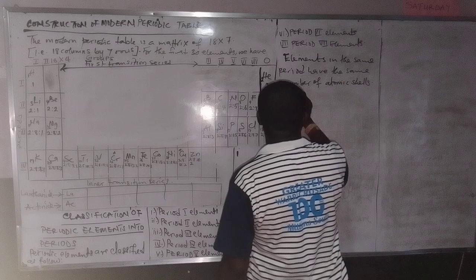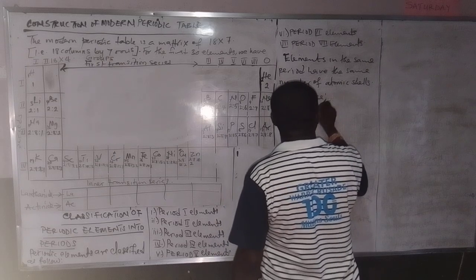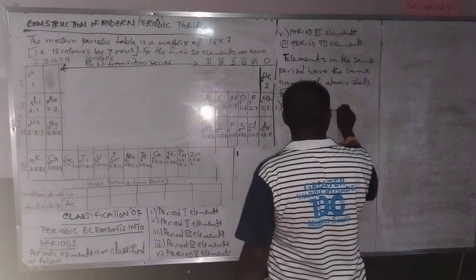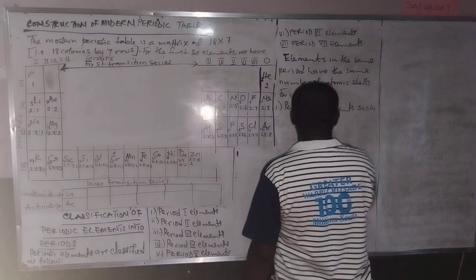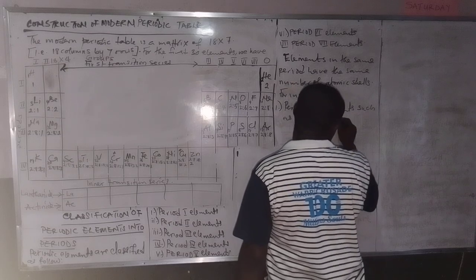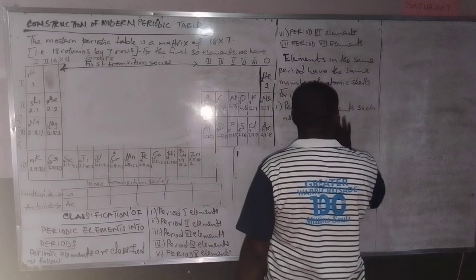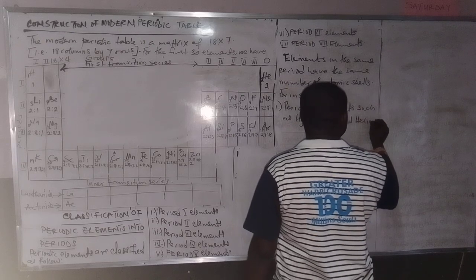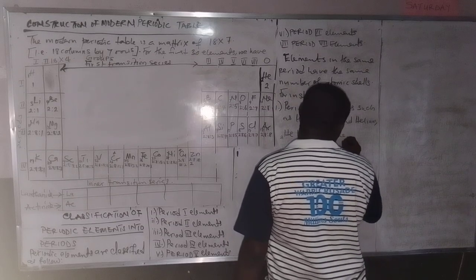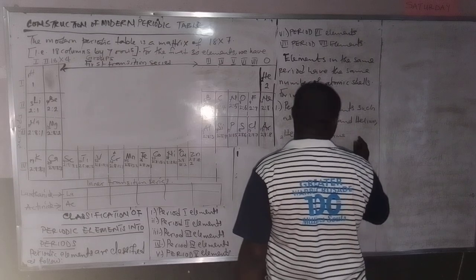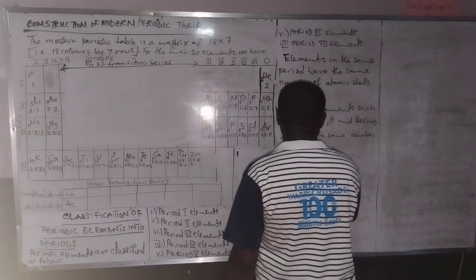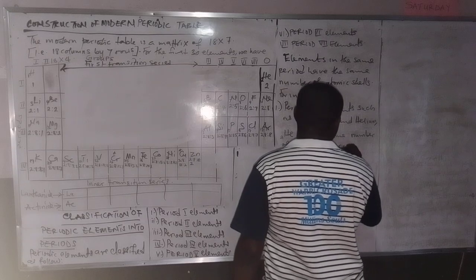For instance, period 1 elements such as hydrogen H1, and helium He2 have the same number of atomic shell, called what?